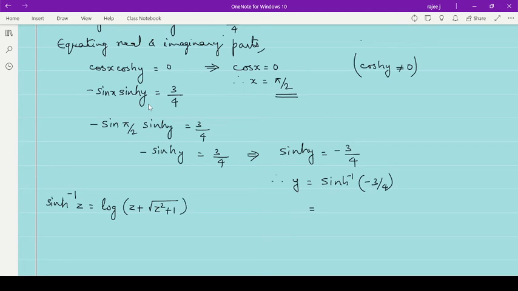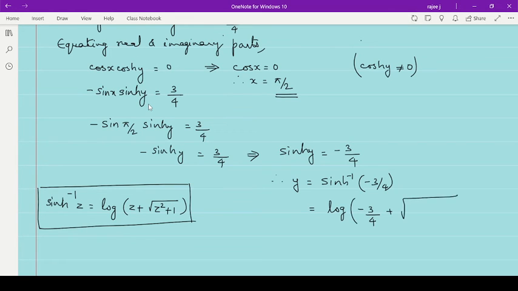This is the formula of sin h inverse z. So put that value here, instead of z we have minus 3 by 4. So this will be equal to log of minus 3 by 4 plus under root of minus 3 by 4 square plus 1.